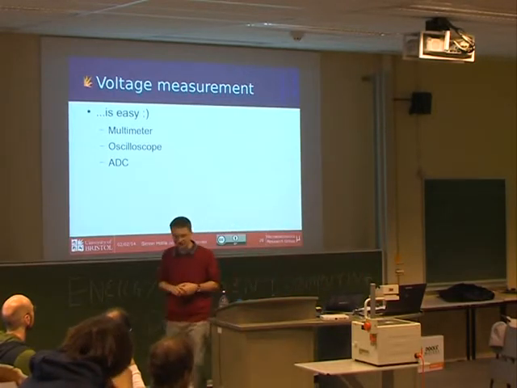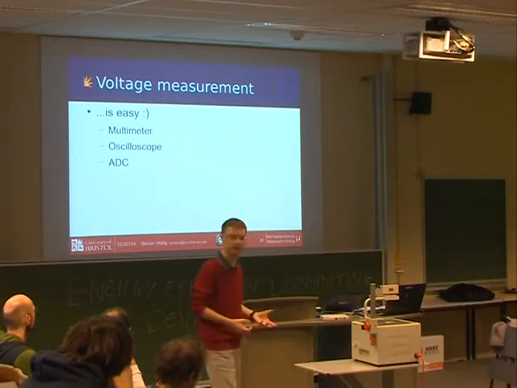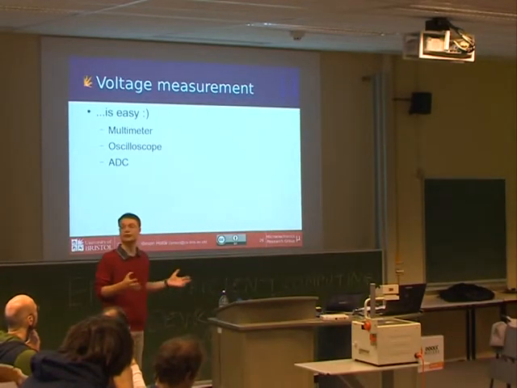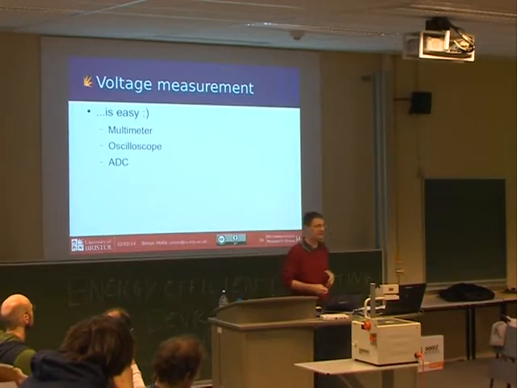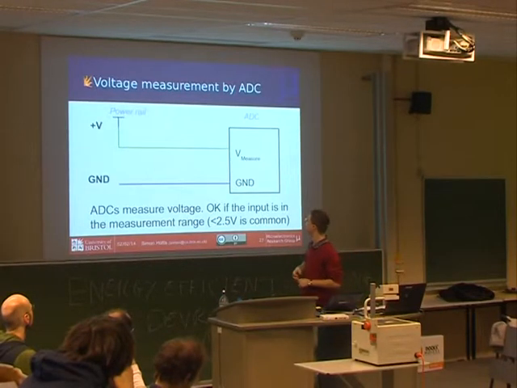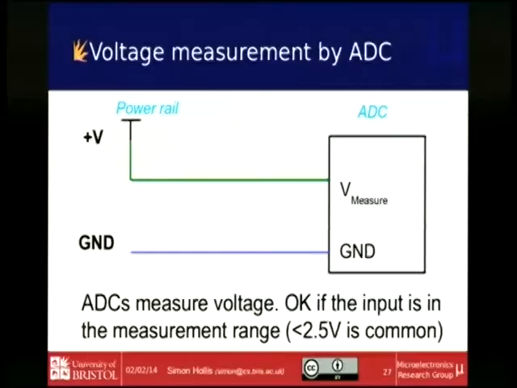The strategy we use is a thing called the analog-to-digital converter, or ADC, which is built into a very large number of off-the-shelf devices, particularly in the embedded space. We can make use of the ADC to measure voltage. So here's the high-level block diagram. This ADC is a block of a microprocessor, like this ARM-based microprocessor we have on here.